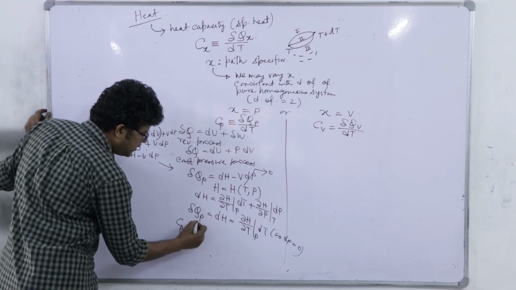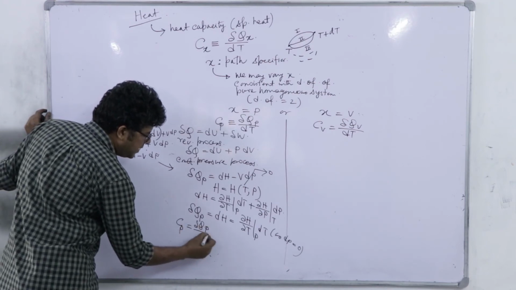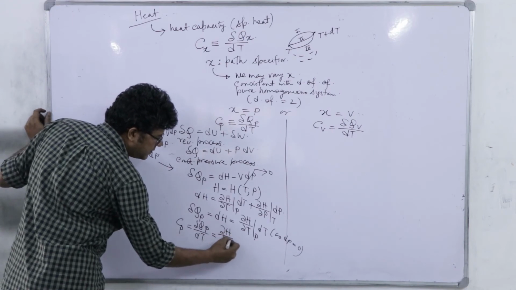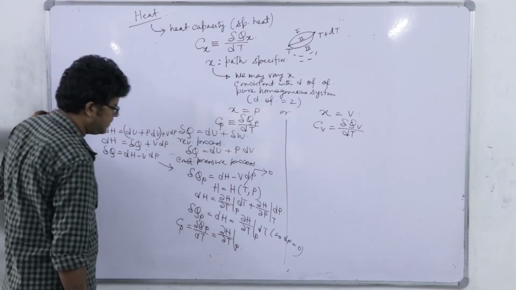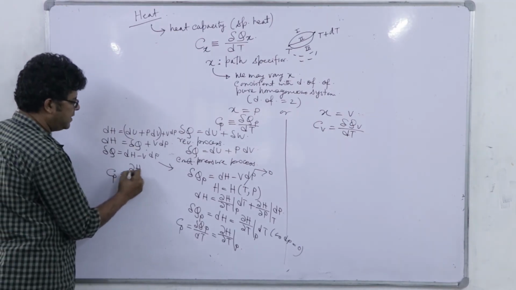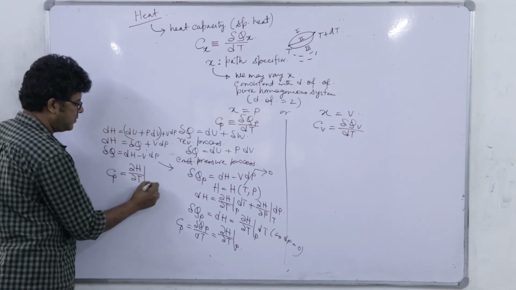So Cp, which is delQp/dT, is equal to (∂H/∂T) at constant P. So we have reduced the definition of Cp to (∂H/∂T) at constant P, correct?